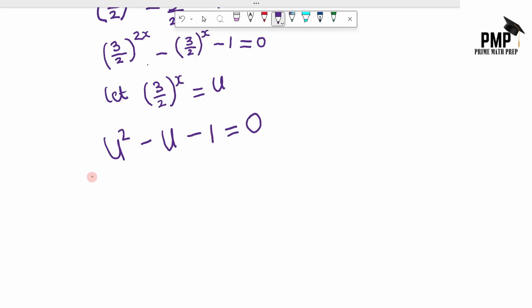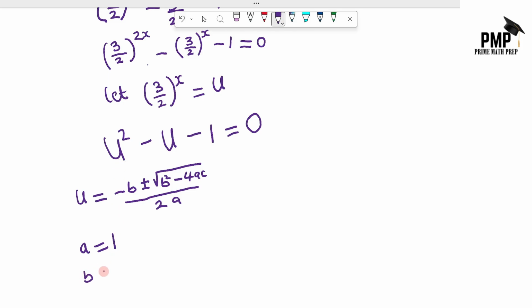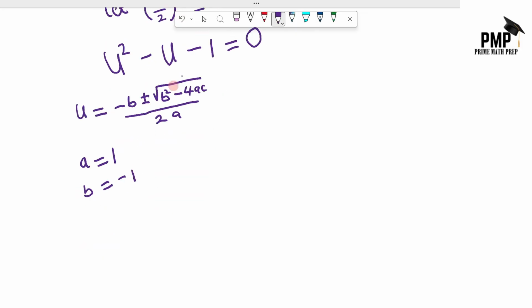Let's solve this using the quadratic formula. It says that u is equal to negative b plus or minus square root of b squared minus 4ac, all over 2a. Our a is the coefficient of u squared, which is 1. Our b is the coefficient of u, which is negative 1. Our c is negative 1.